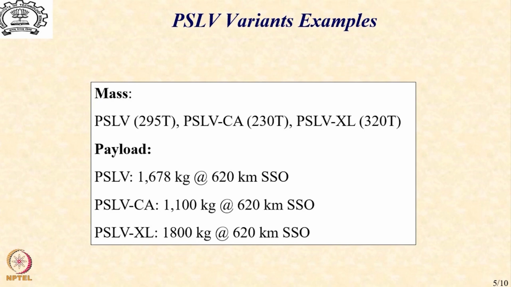The PSLV CA does the same job for a significantly lighter payload of about 1100 kg, while the PSLV XL does the same job for a significantly higher payload at 1800 kg.